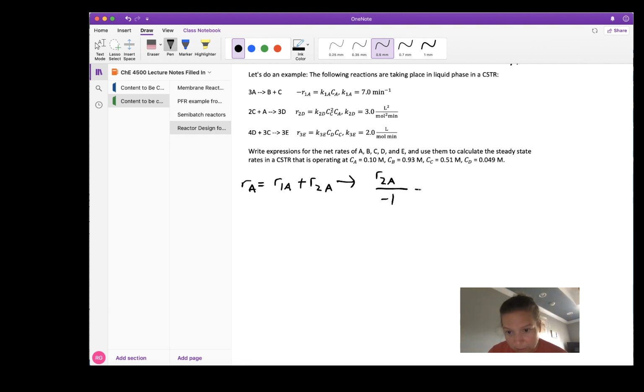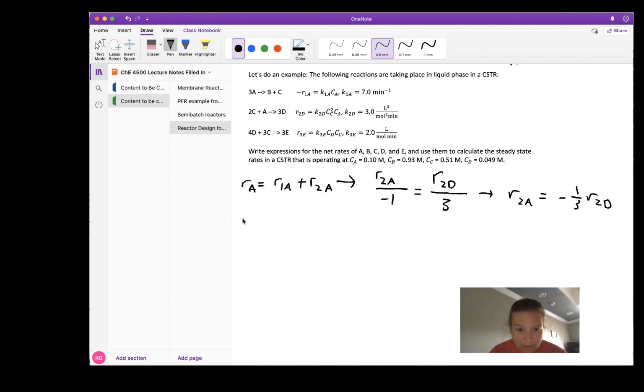And we're going to say that's going to be equal to R2D divided by +3. So the stoichiometric coefficient on D is 3, and D is a product, so that's a +3. So that means that R2A is equal to -1/3 R2D.